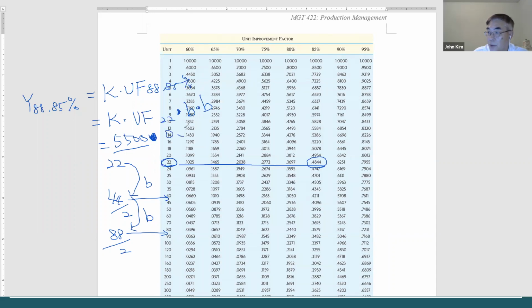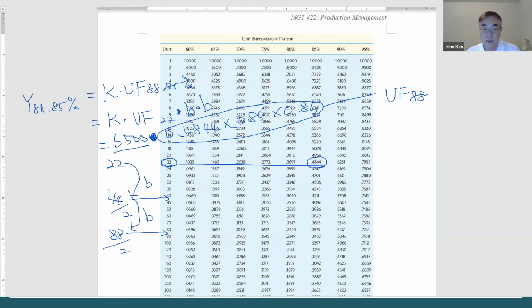So 0.4844 times B, which is 0.85 squared, or just multiply 0.85 one more time. So this part is unit factor 88. So for the final answer, I will bring up the answer file.